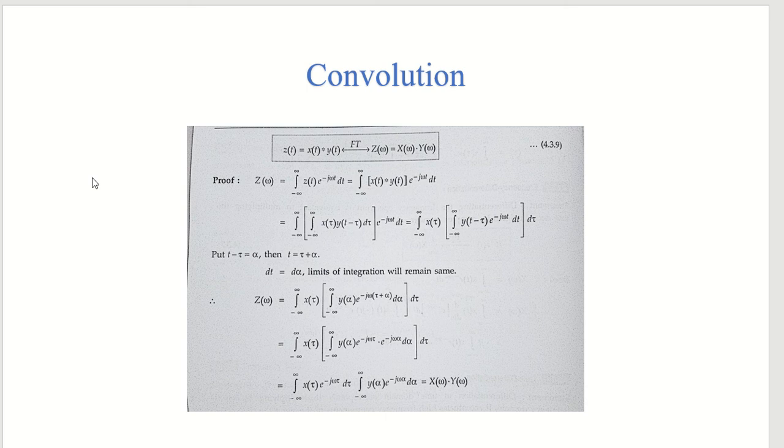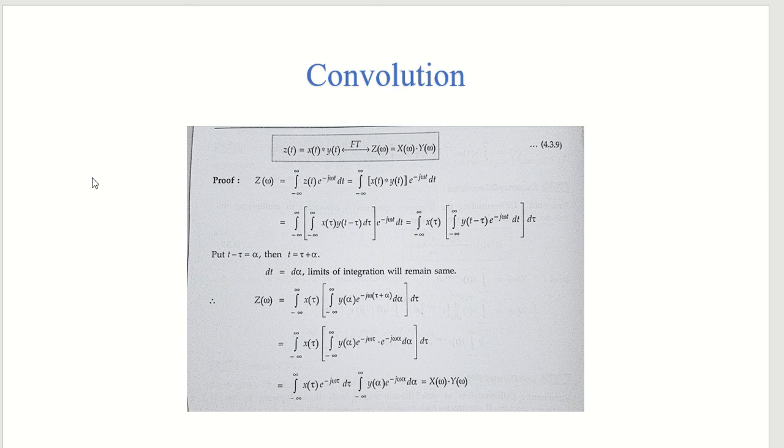We will take x(t) and y(t) separately, and instead of x(t) we will write x of tau, and instead of y(t) we will write y of t minus tau, right? Because that is basically the formula for convolution.